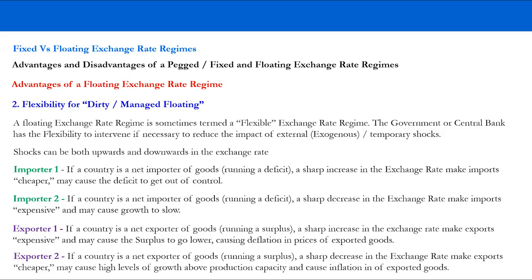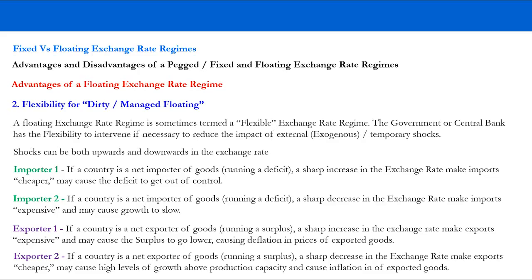So with an importer, both an upwards movement and a downwards movement in your exchange rate can have both positive and negative impacts.